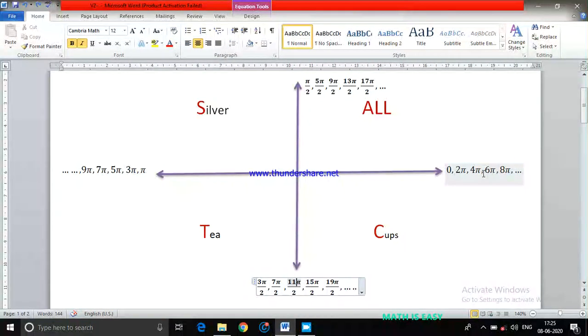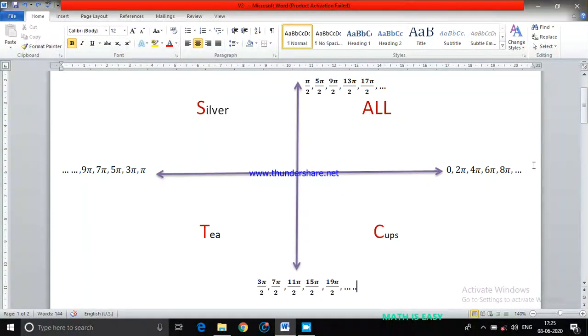Then the fourth rotation started: 6 pi, 13 pi by 2, 7 pi, 15 pi by 2, then 8 pi. The fifth rotation started: 17 pi by 2, 9 pi, 19 pi by 2, then 10 pi, then 21 pi by 2, 11 pi, 23 pi by 2, then 12 pi. So the process goes on as many times as you rotate.